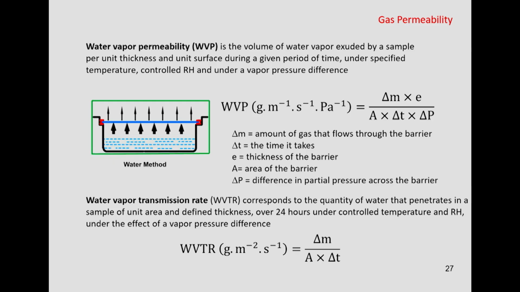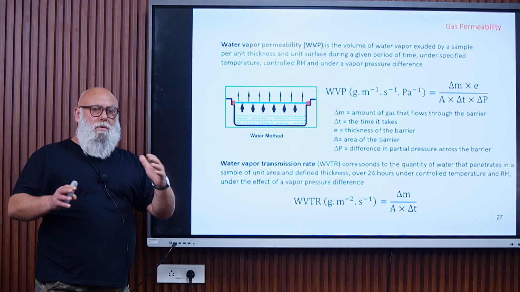So delta M corresponds to the amount of gas that flows through the barrier. So delta T is the duration of the experiment, E is the thickness of the film, R is the area of the barrier of the film, and delta P is the difference in partial pressure across the barrier. It's also possible to determine the water vapor transmission rate.